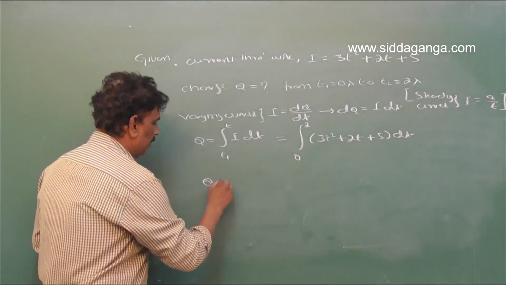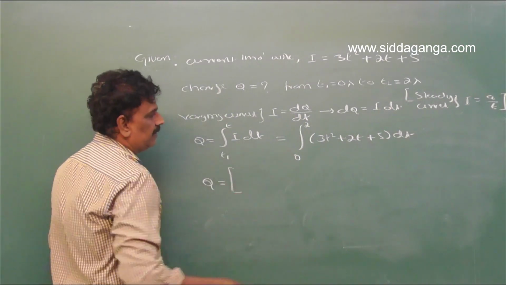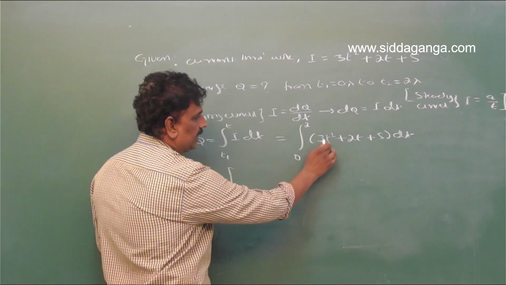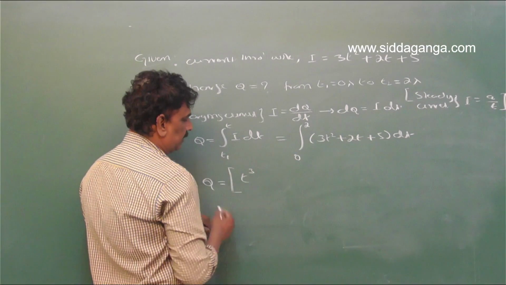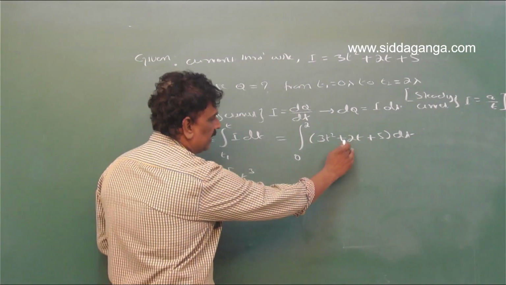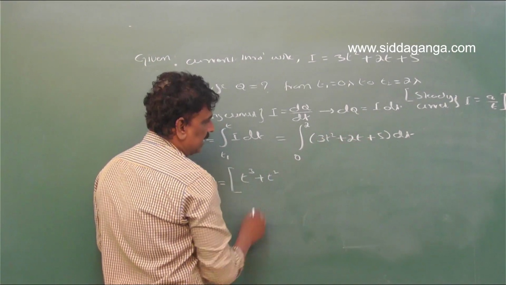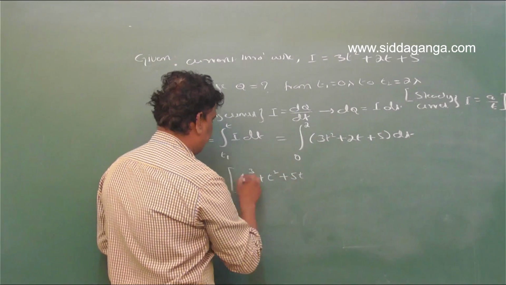Therefore, integrating this, 3 times t square gives t cube by 3, so the 3 gets cancelled and we are left with t cube. Integrating 2t gives 2t square by 2, so the 2 gets cancelled. Then this is equal to 5t.